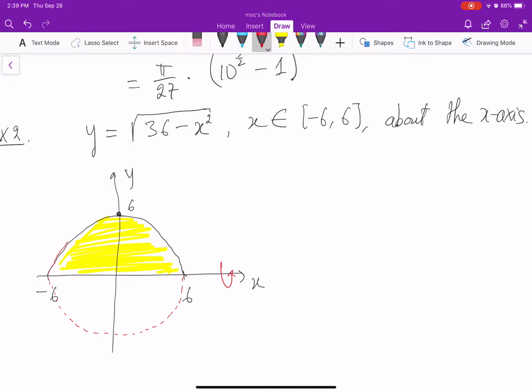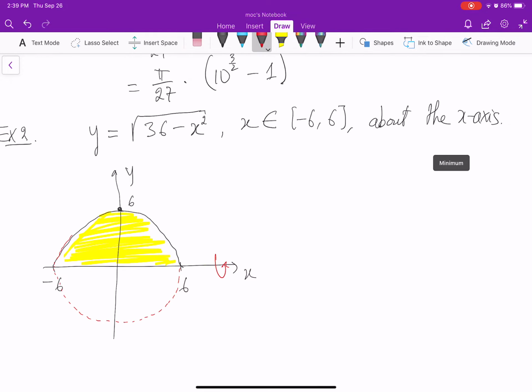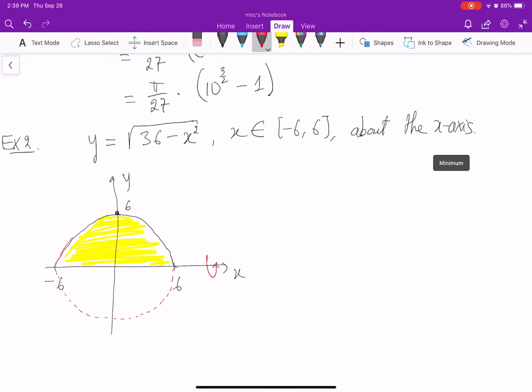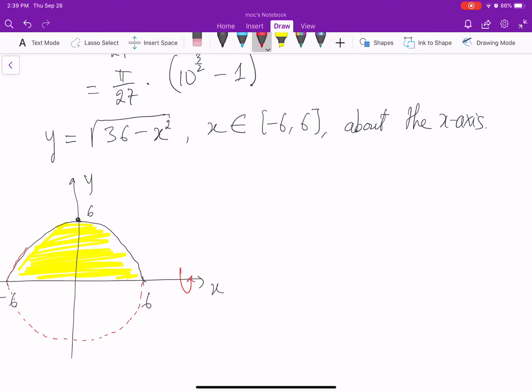So we need to find the surface area of this sphere, basically. Of course, we know that formula, right? But now we need to use an integral to get that. Firstly, I need to find the derivative of this function. So y prime is equal to, I write this function as 36 minus x squared to the 1/2, right?